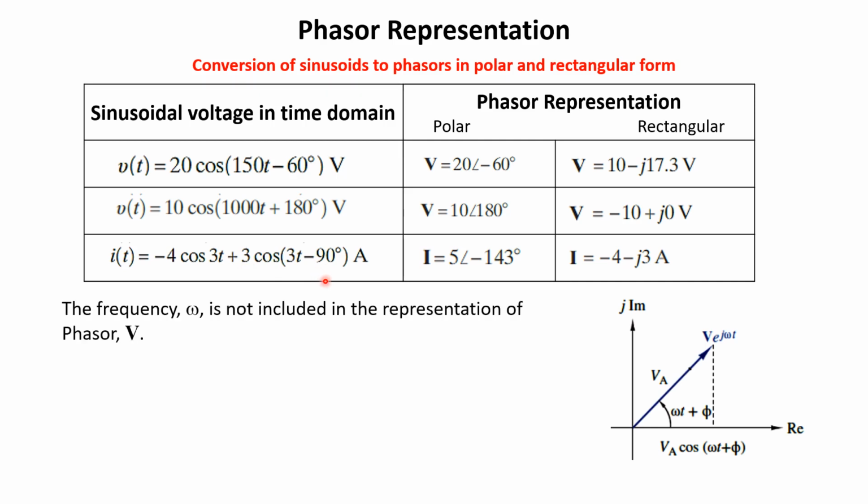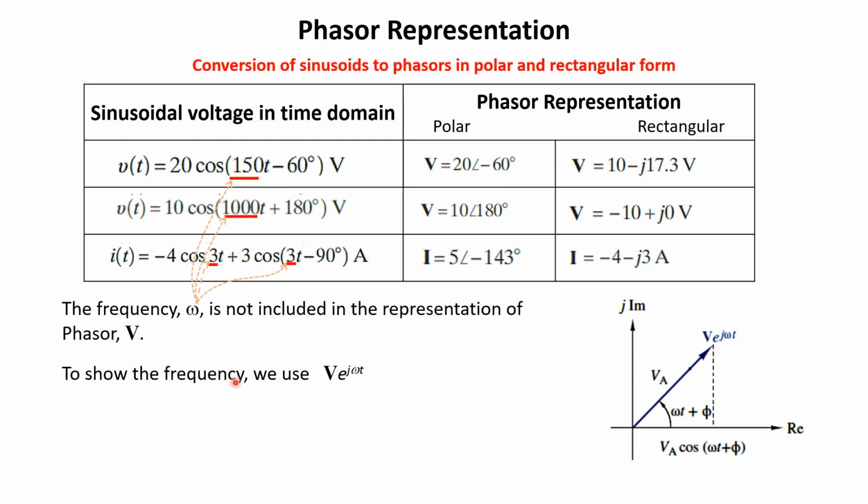And in phasor representation, there is no information of omega. Angular frequency information is not visible. It is not included in phasors. There is no information of the frequency. So this frequency information is not included in it.